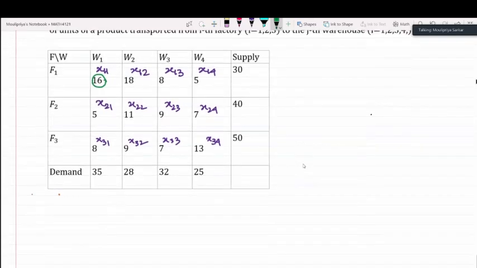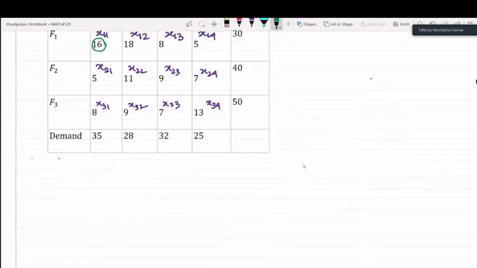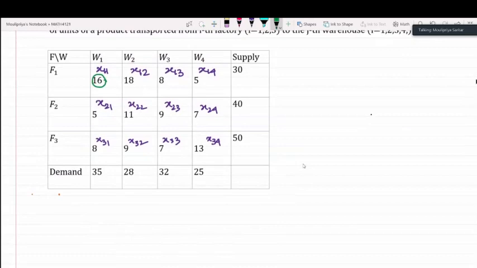So if I give this the shape of a linear programming problem, we will write it as minimize Z equal to, what is the transportation cost?